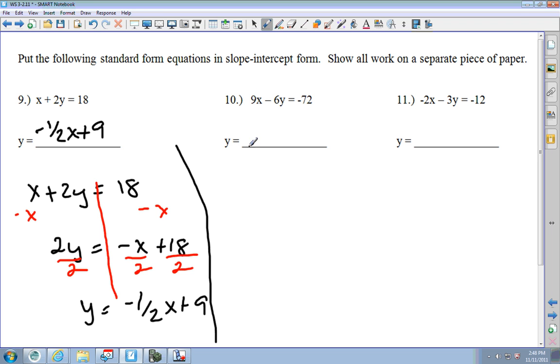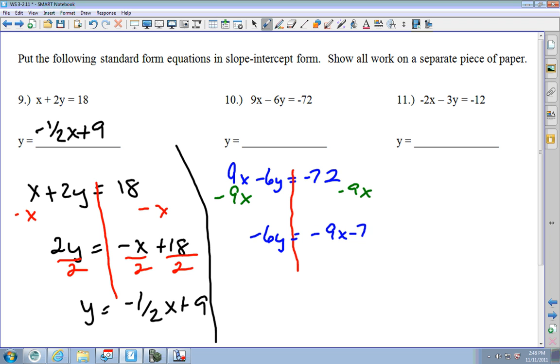The next one, 9x minus 6y equals -72. I'm going to subtract 9x from each side. I get negative 6y equals negative 9x minus 72. I'm going to divide by negative 6.